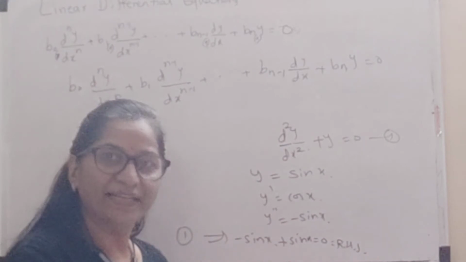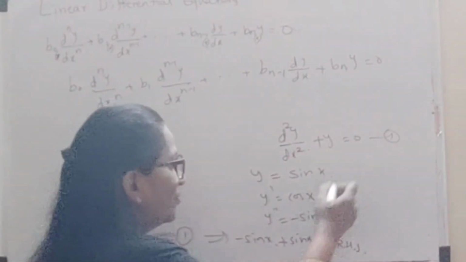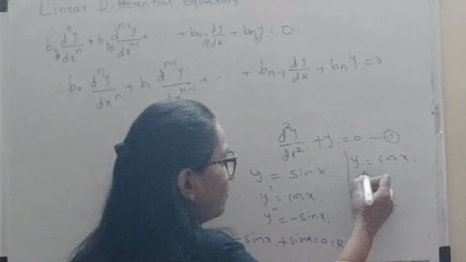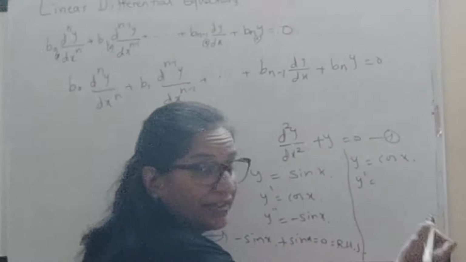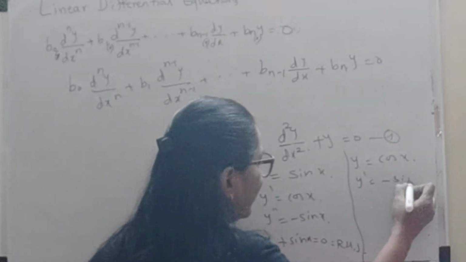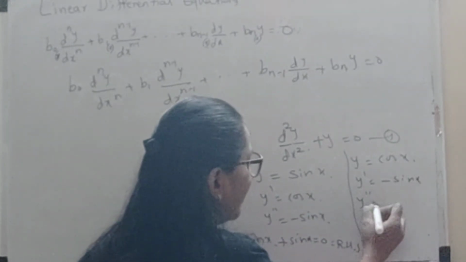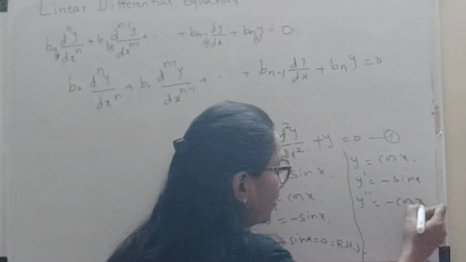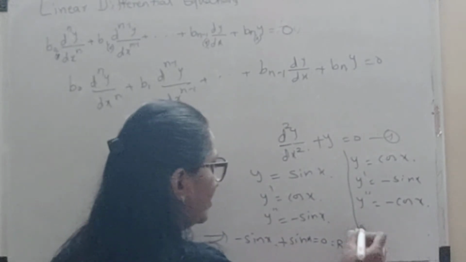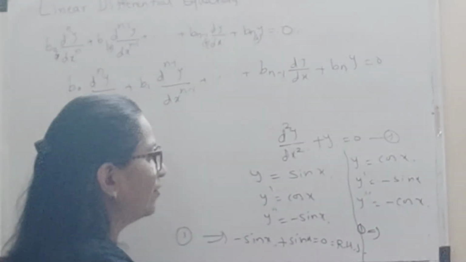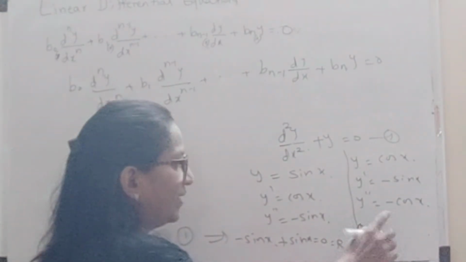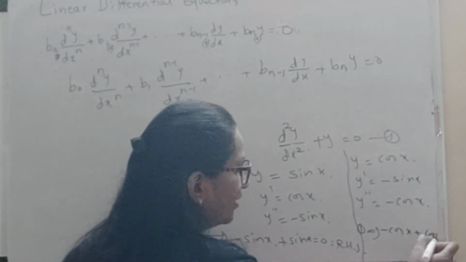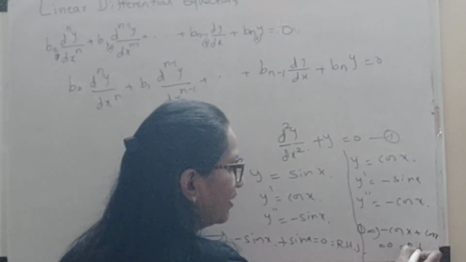So we try to find if there exists one more solution or not. Take y is equal to cos x. So y prime is equal to minus sin x, and y double dash is equal to minus cos x, since the derivative of sin is cos. Substitute in equation 1: the second order derivative y double prime is minus cos x, plus y is cos x, and that is equal to 0, which is the RHS.